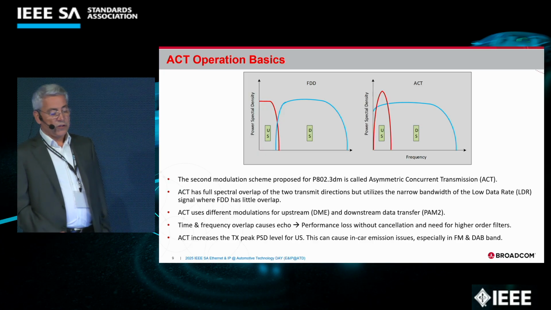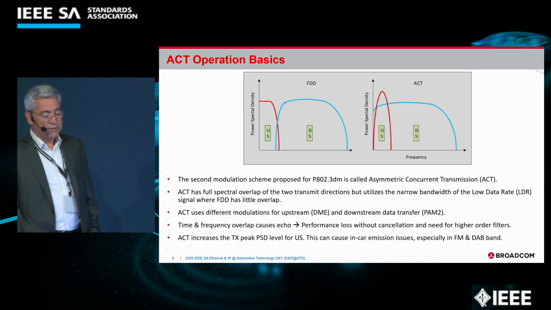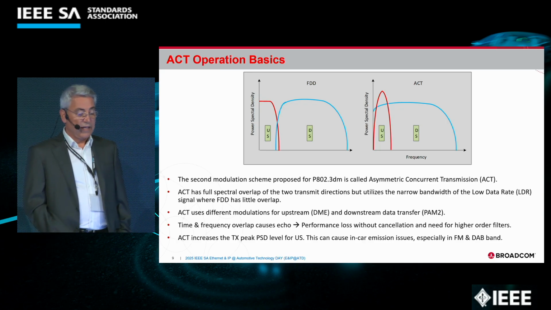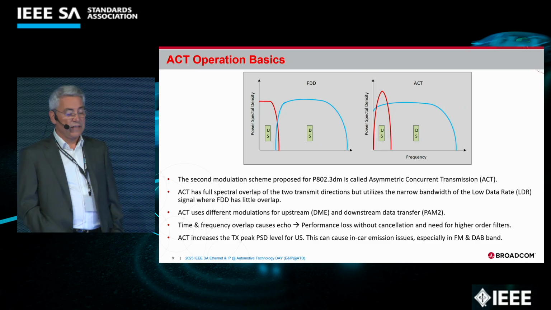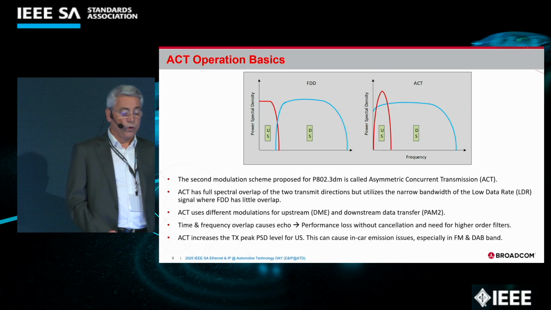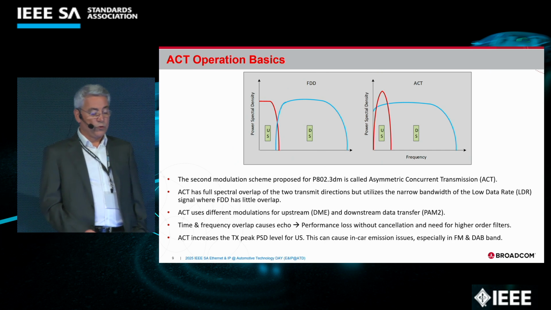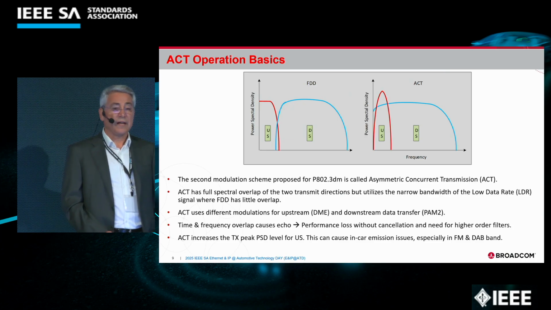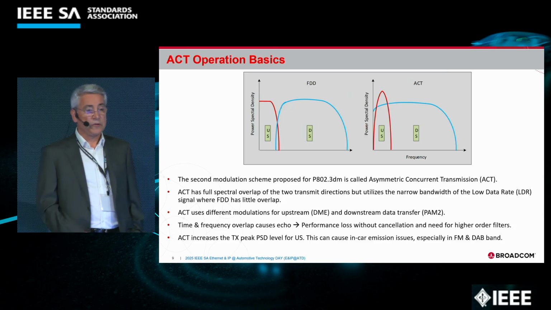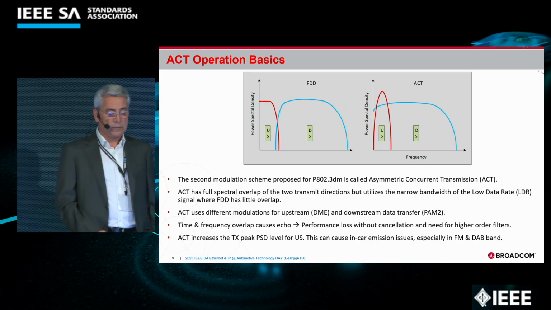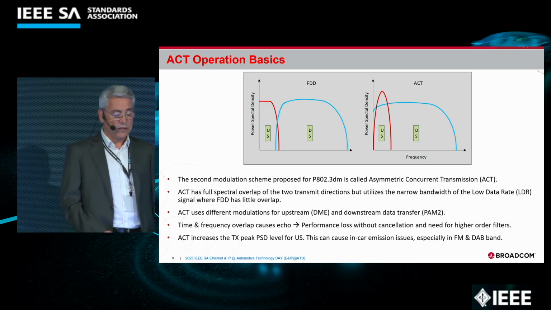The second modulation scheme proposed for 802.3DM is called asymmetric concurrent transmission, which is ACT. ACT is not FDD. FDD has a small frequency overlap, while ACT has full spectral overlap of the two transmit directions, using different modulations for upstream and downstream. For upstream, differential Manchester encoding is used, similar to 802.3CG 10BASE-T1S, while downstream is using PAM2 modulation.